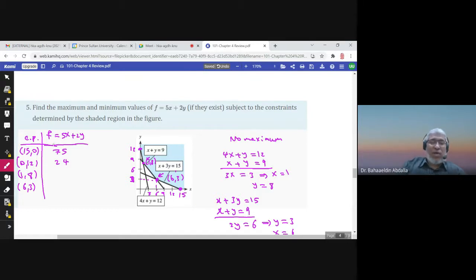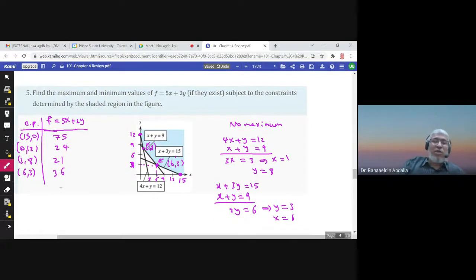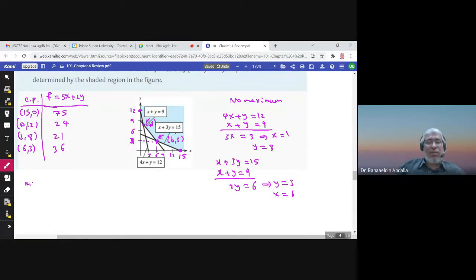If x is 1, so I have 5 times 1 plus 2 times 8, so I have 21, the value of f. If x is 6, 5 times 6 is 30, plus 2 times 3, so 36. So it's clear that the minimum value of f is 21, and it occurs when x is 1 and y is 8.